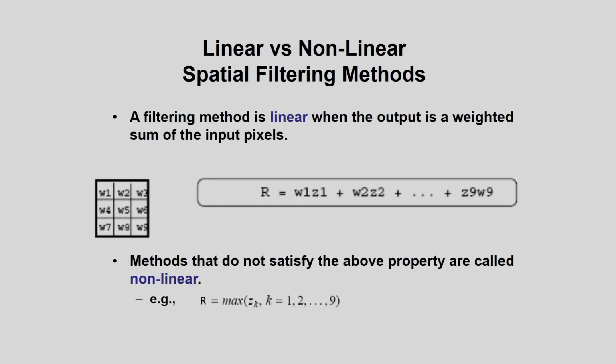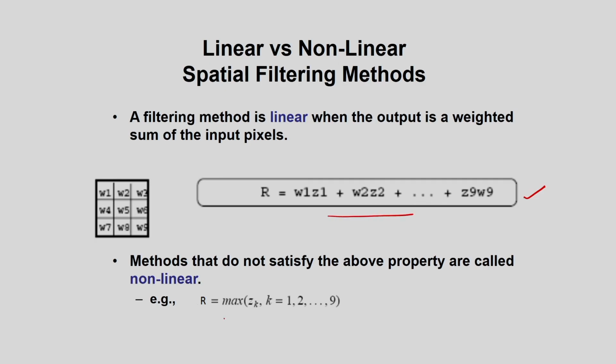And in this case I can show the difference between linear filtering and non-linear filtering. I am considering the spatial filtering methods. If I consider this operation, I am determining the response of the mask. A filtering method is linear when the output is a weighted sum of the input pixels. So this is linear filtering.